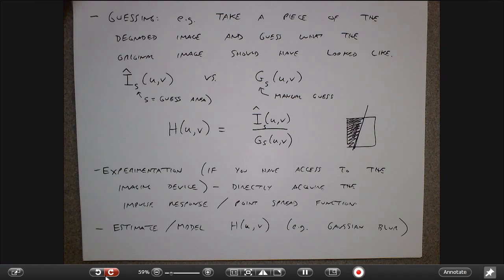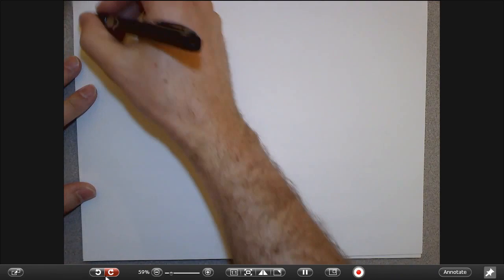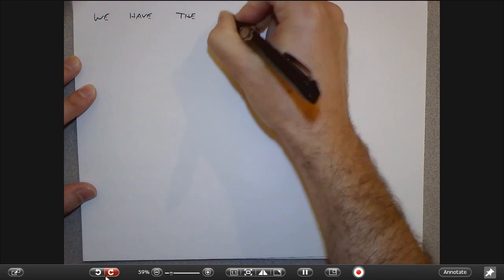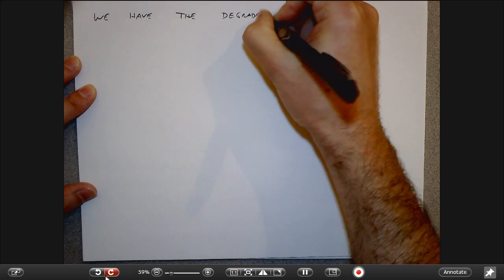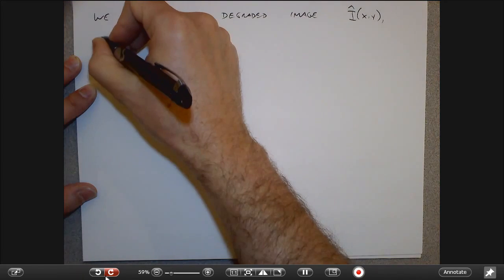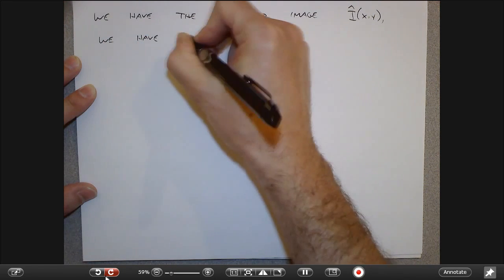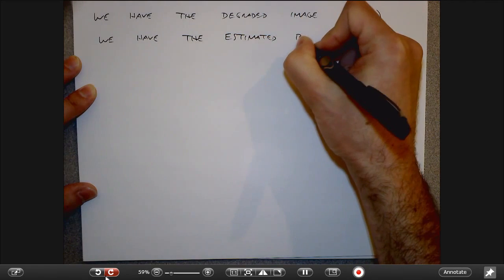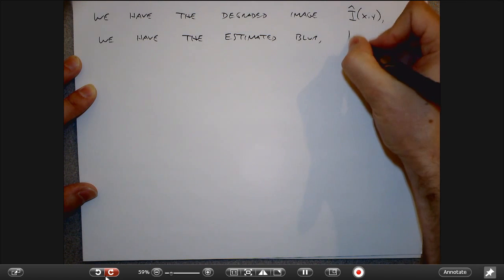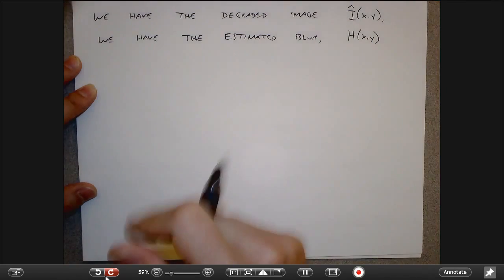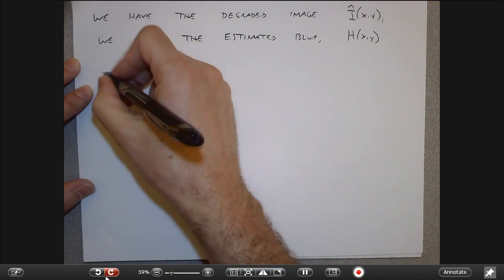Okay. So now from kind of first principles, the natural thing to do is to say, okay, so we have the degraded image here. We have the blur, which we suppose we got from somewhere, which I'm going to call H. And either of these things that we thought about in the frequency domain.